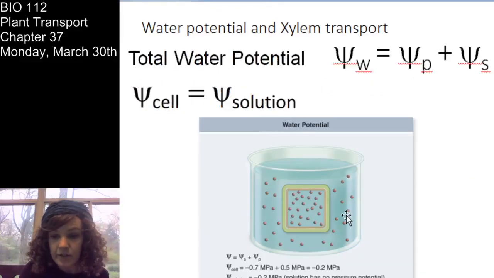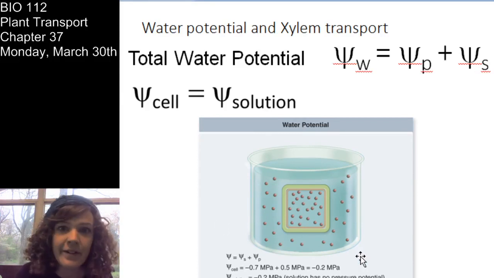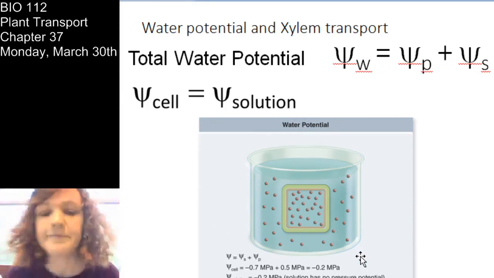Okay, so that is the solute potential right here. The pressure potential, 0.5. All right, that gives you negative 0.2 megapascals. Okay, water would not go anywhere in this situation because the potential of the solution, which is just the solute potential, is negative 0.2 megapascals. Okay, so the water wouldn't go anywhere in this situation, is the long and short of that.